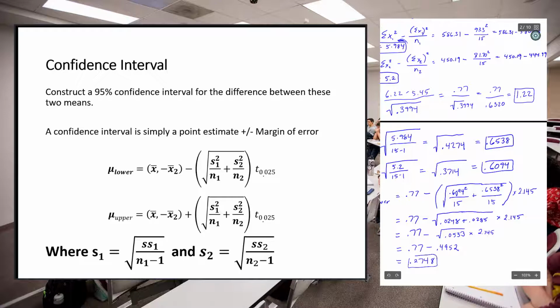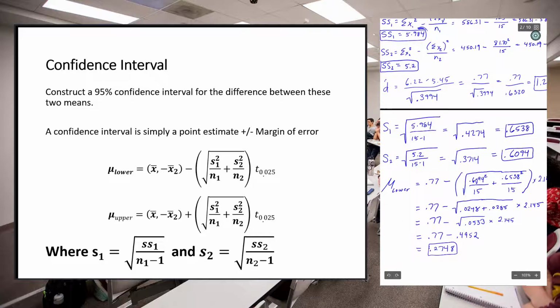So this is the lower bound of our 95% confidence interval.